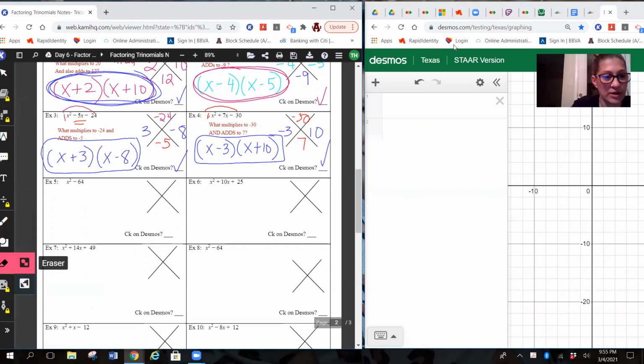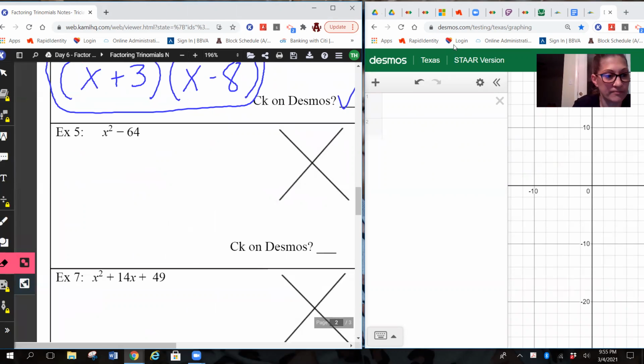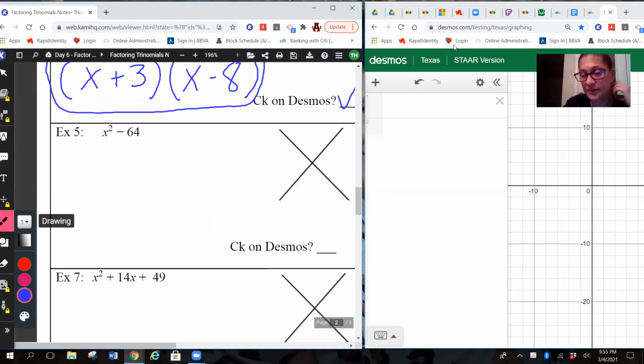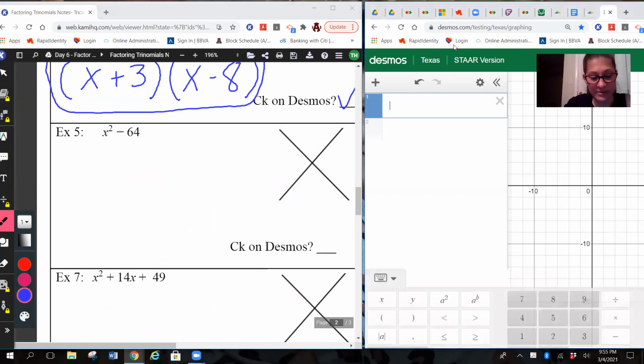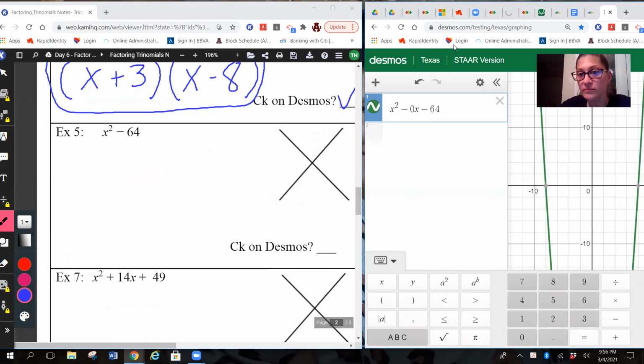Okay, now let's do example 5. Example 5 looks a little different. It's missing something. It's missing the B term.